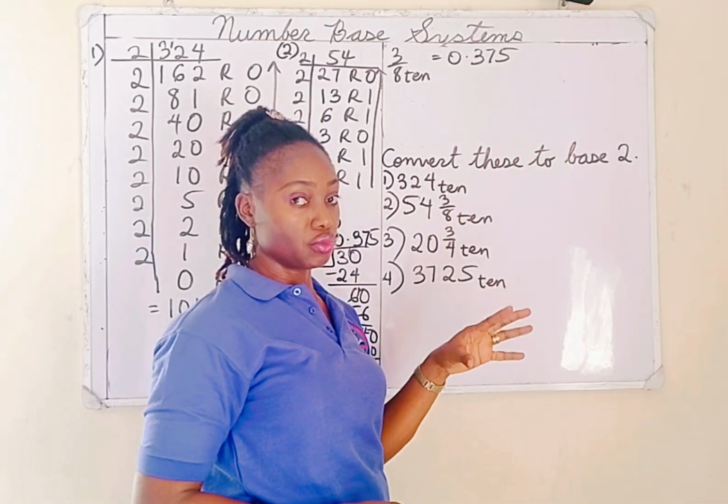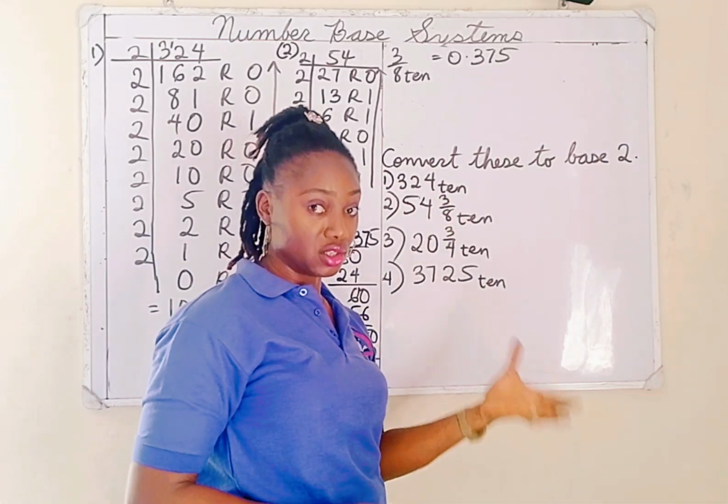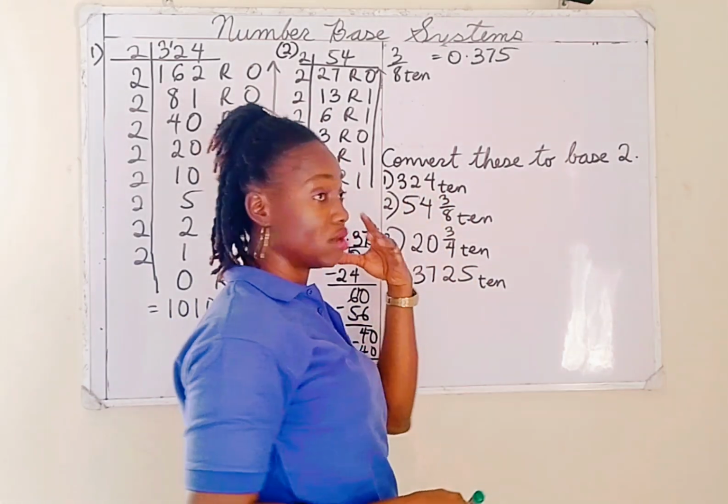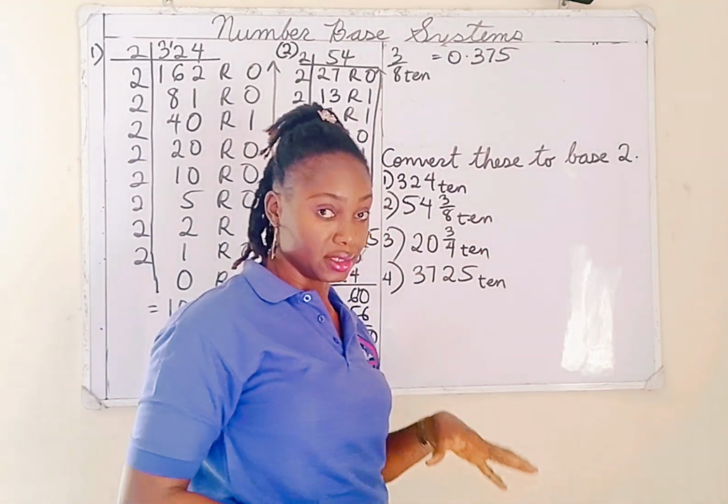So now, in order for us to convert our decimal here to a binary number, we have to multiply it by 2. In other words, we're also converting it to base 2. If you're converting the decimal to any base, you multiply it by the number of the base.